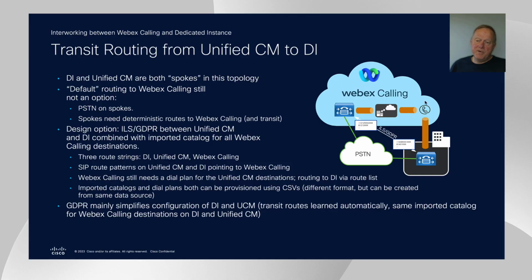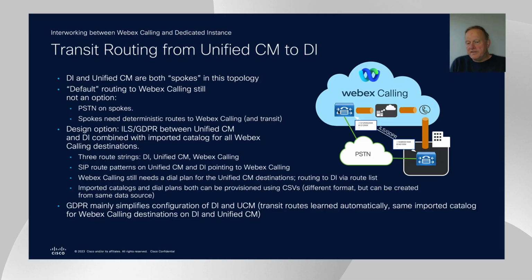The imported catalog, you would use an imported catalog for the destinations on Webex calling multi-tenant. You could import that catalog on either communications manager based on how GDPR works. If you import a catalog over here, that will also be advertised to the other guy.